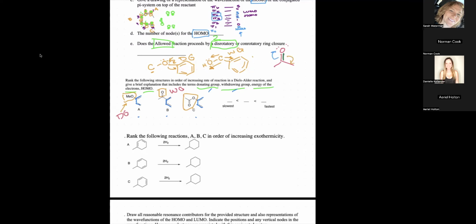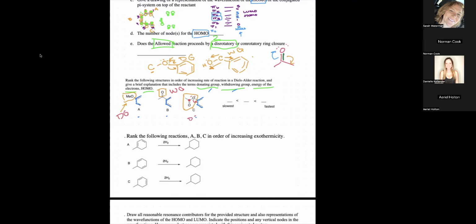And then with C, is it withdrawing? Well, it's also kind of a donating group, because if you think about it, the next atom away from here is actually less electronegative. So it will donate.